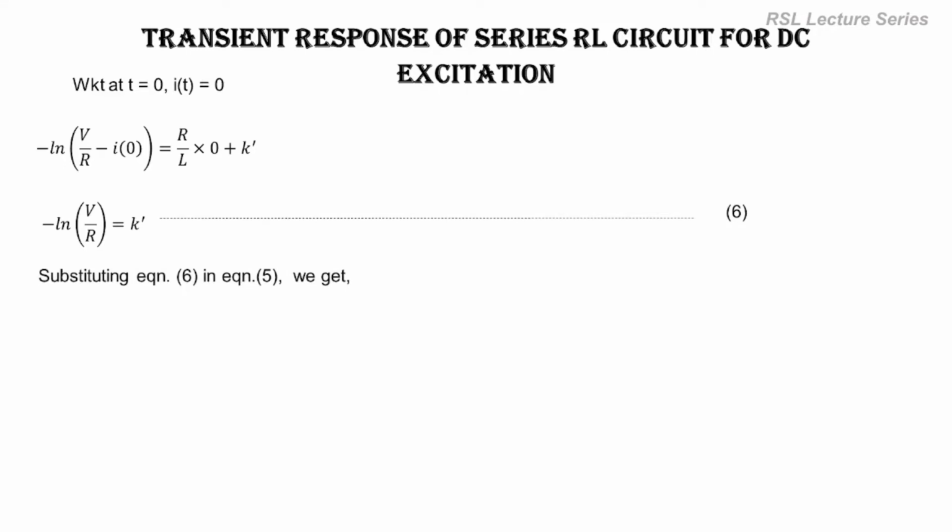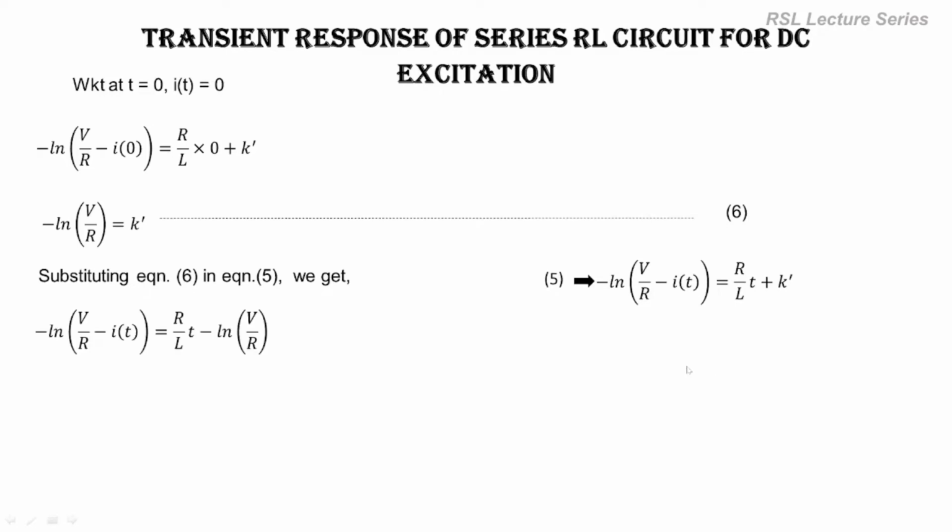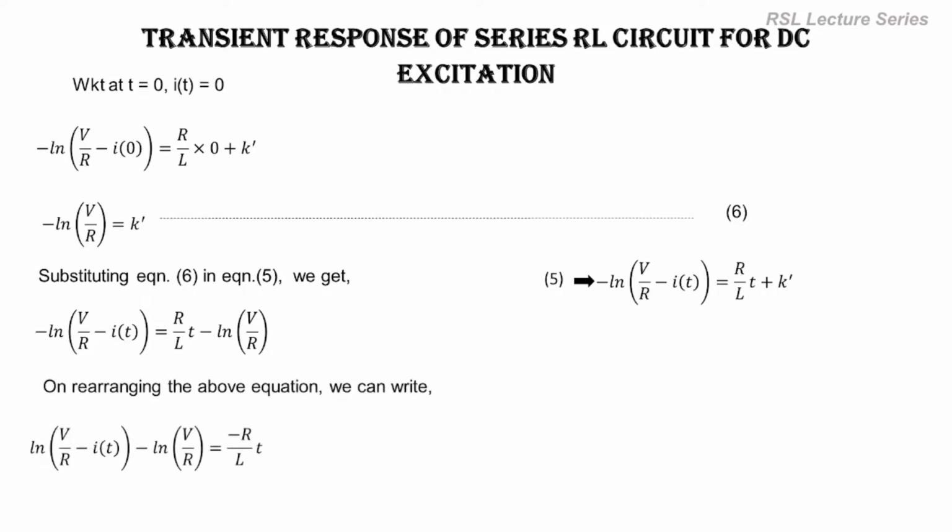Now we substitute equation number 6 in 5. The fifth equation, which we already know, is minus ln of V by R minus i(t) is equal to R by L into t plus k dash. Substituting the value of k dash, we get minus ln of V by R minus i(t) is equal to R by L into t minus ln V by R. Now we can rearrange the equation to obtain i(t).